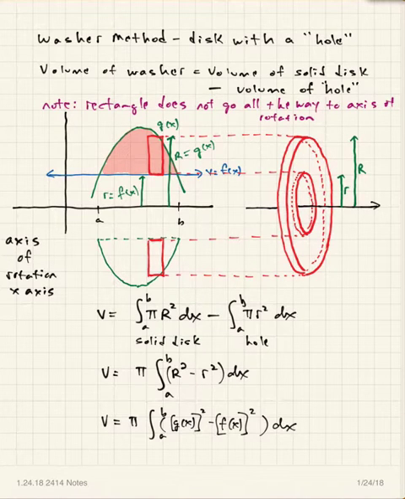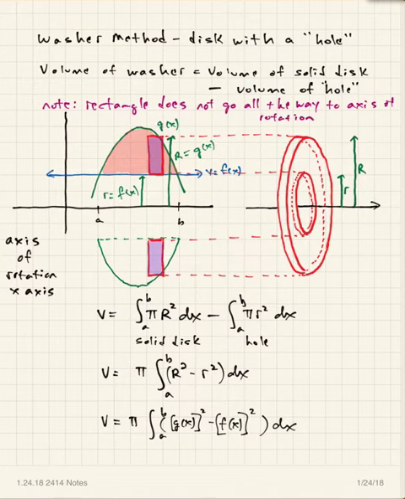That region, which I've got shaded on this picture, does not go all the way to the x-axis. So notice that this representative rectangle I've got drawn right here does not go all the way to the axis of rotation. And you can see the mirror image of that rectangle on the other side of the x-axis. Here's the mirror image down below the x-axis.